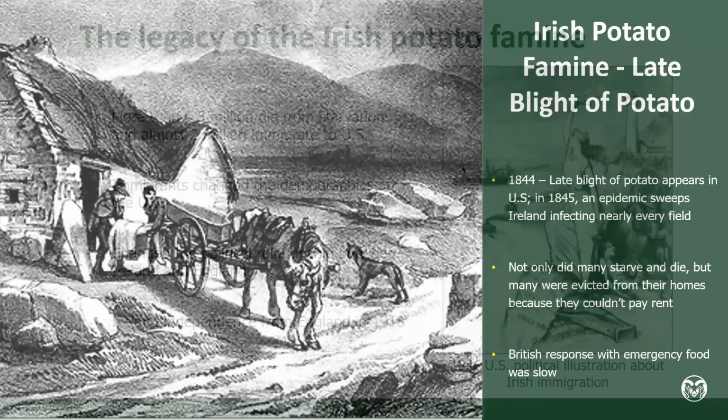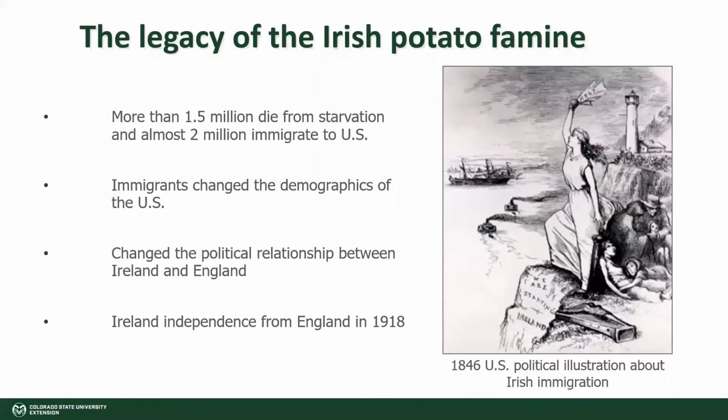But then this Irish potato famine had a legacy even on social and cultural cues, because more than 1.5 million people died from starvation and almost 2 million immigrated to the United States. So immigrants really changed the demography of the United States, and you probably know or have family or know somebody that came from Ireland due to the Irish potato famine.